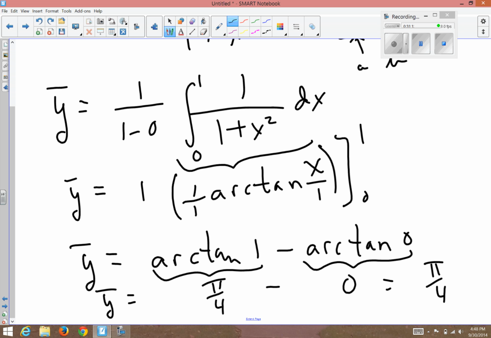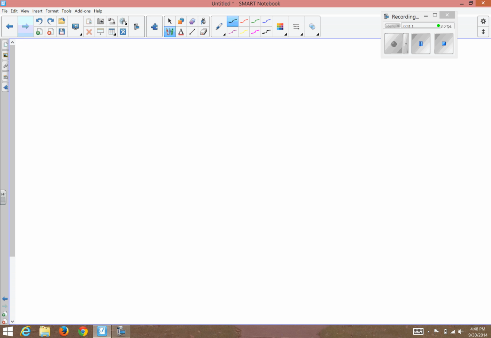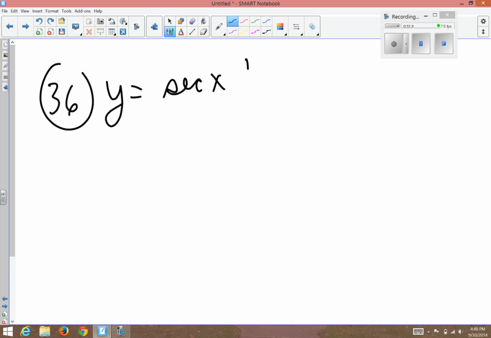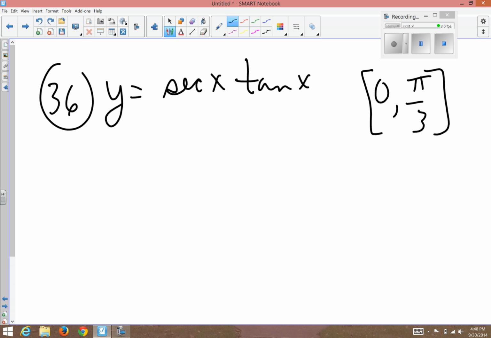And we're going to do one more, number 36. Y equals secant x times tan x. The interval is 0 to pi over 3. We're going to find the average value of this function in y bar. It's 1 over b minus a, b minus a and b are given, times the integral of the function.